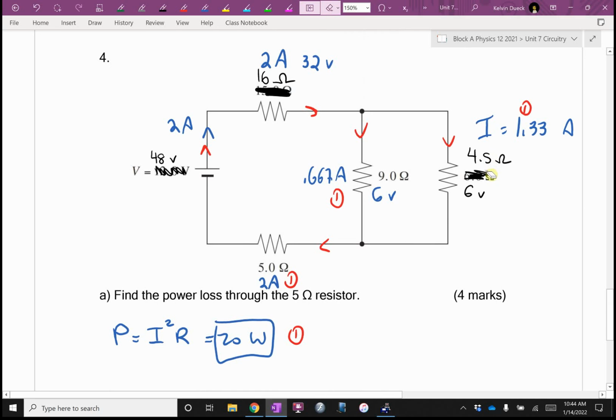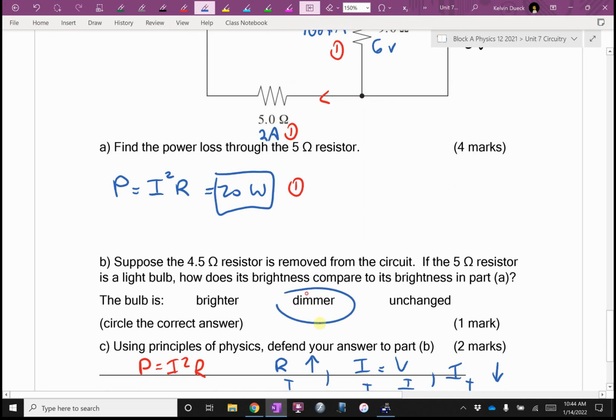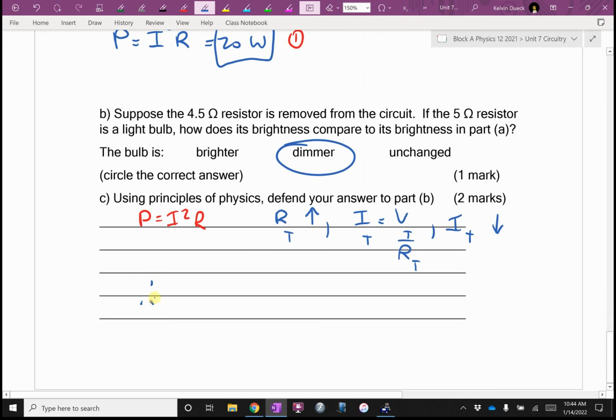So this is kind of weird. When you remove this light bulb, it gets what? Dimmer. Dimmer, it turns out. Therefore, 5 ohm bulb, Mr. Dewick, learn to spell, is dimmer.